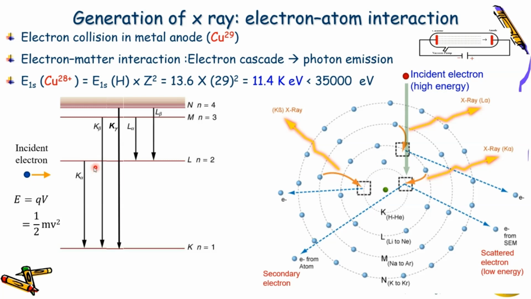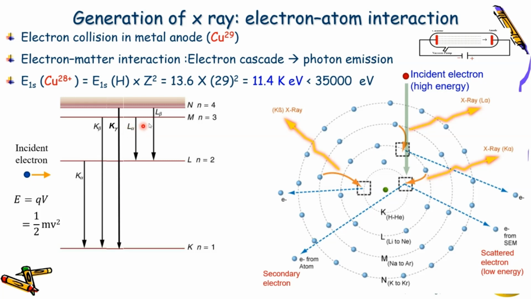Okay, so if the electron cascades from n=2 to n=1, we call it alpha. If any electron cascades from n=2, 3, 4, 5 to n=1, this is what we call K here: K alpha, K beta, K gamma. If the electron cascades from the third layer to the second layer, we use L as the symbol.